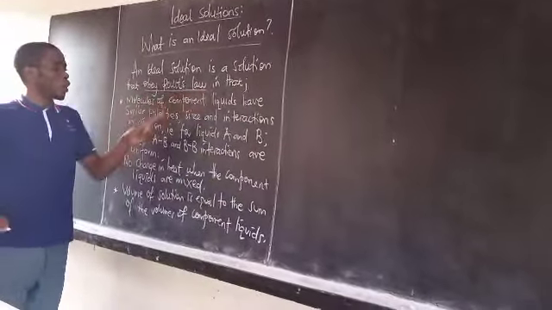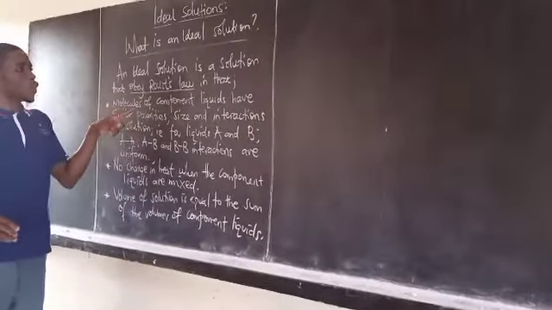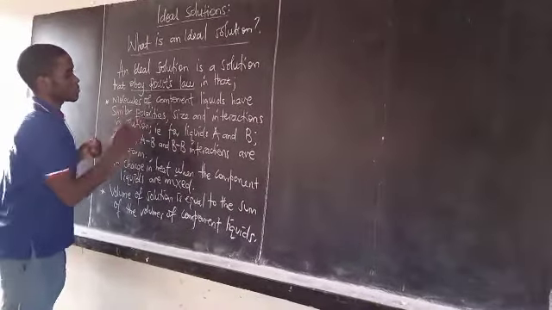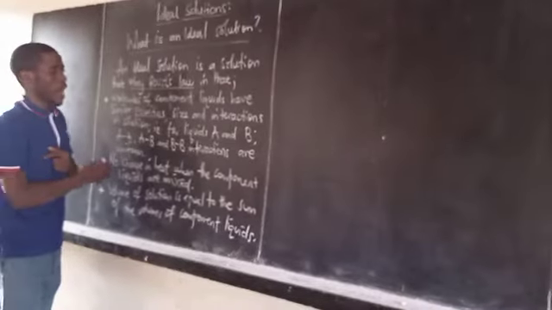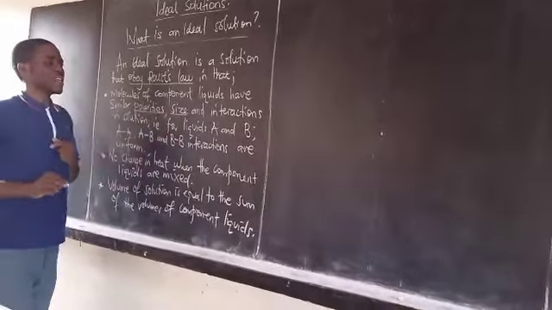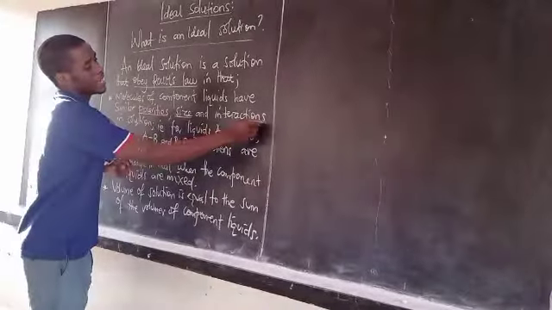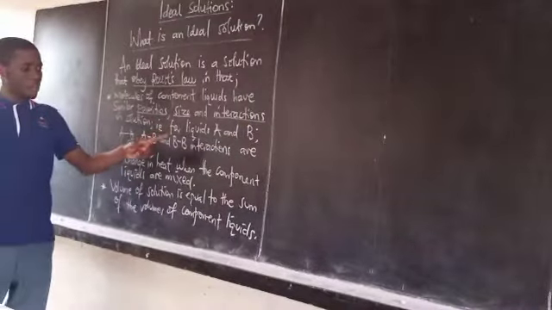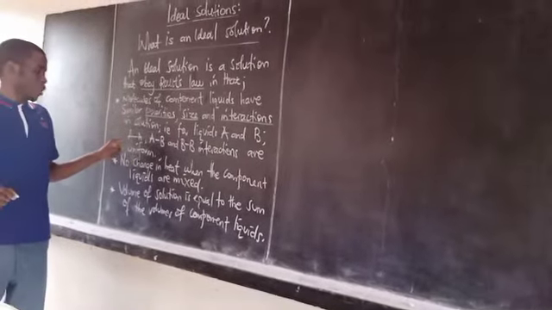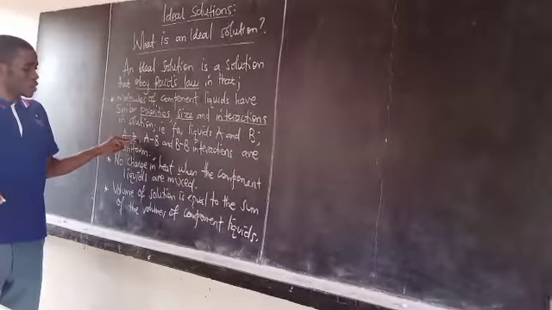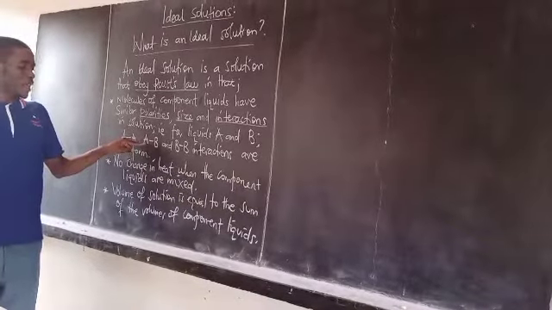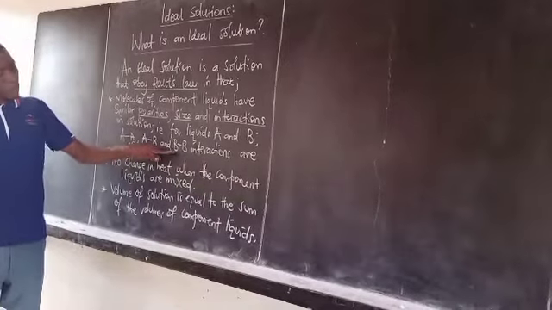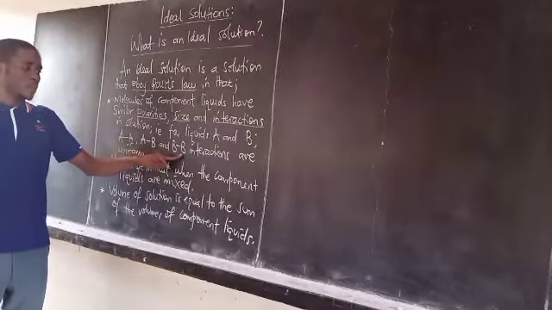In obeying Raoult's law, the molecules of the component liquids should have similar polarities, and they should have similar sizes, and these two will mean that their interactions will remain uniform. For example, if you have liquids A and B, the way A interacts with A molecule should be the way A molecule interacts with B molecule, and should be the same way B interacts with B molecule.